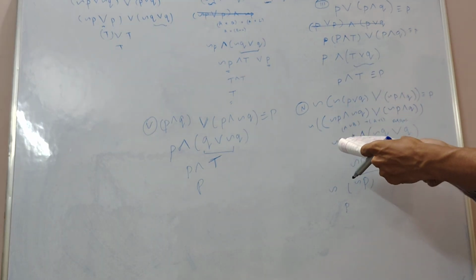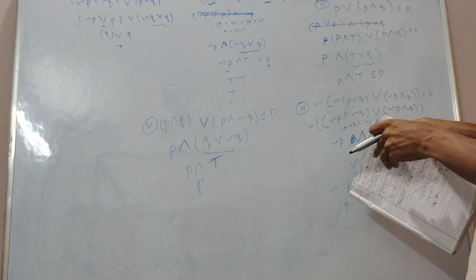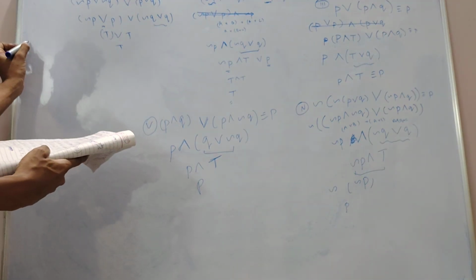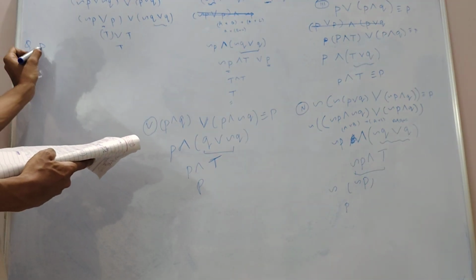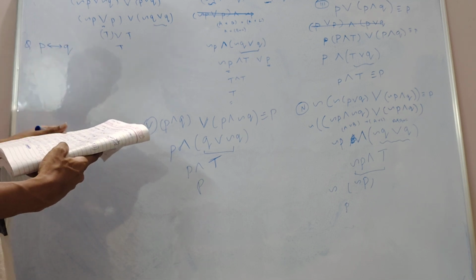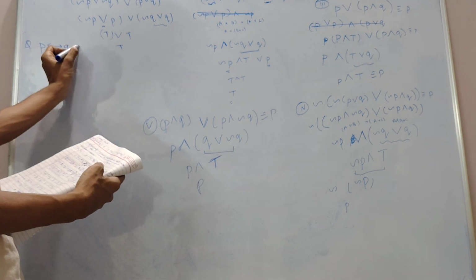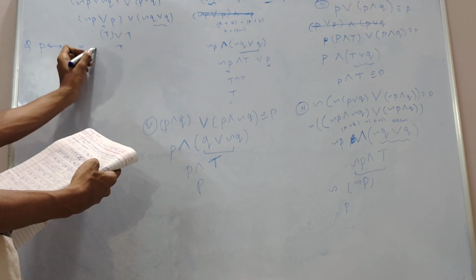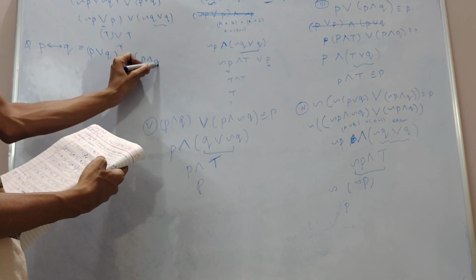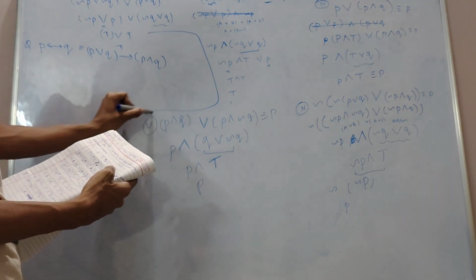Now, there are some questions related to the biconditional theorem, right? So, next question is, P biconditional with Q, P if and only if Q, is equivalent to P or Q implies P and Q, right?